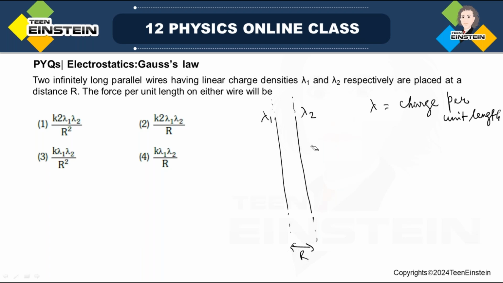So how do you find out the force? And the topic we are discussing here is Gauss's law, so obviously we'll be able to take the help of Gauss's law.